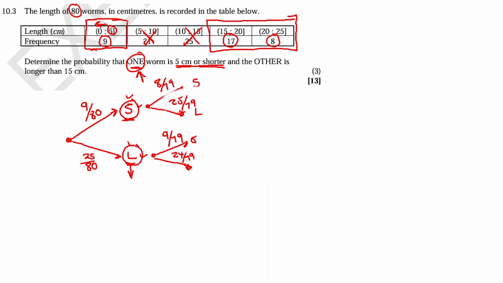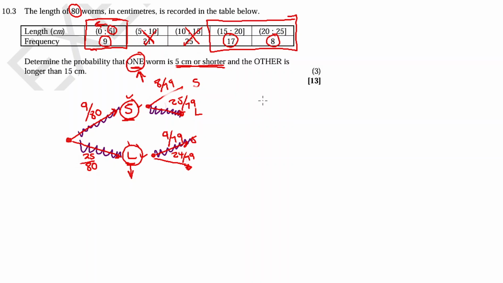Then we look at the event tree diagram here. One shorter, another one longer. One long, another one shorter. It's a matter of short and long in no particular order.